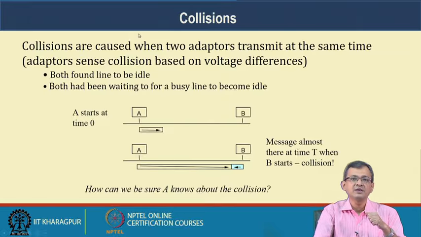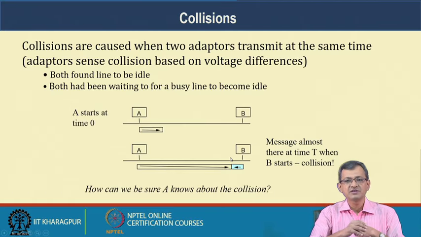Like A is sending to B: at time 0 A starts, whereas more or less at the same time, or after a typical delta t, B also starts sending. Somewhere in between it collides, and then the voltage fluctuations ripple through. Once A and B both sense that voltage difference, both think there is a collision, send a jam packet, and retransmit after some time, right.